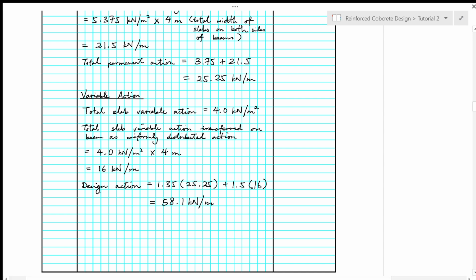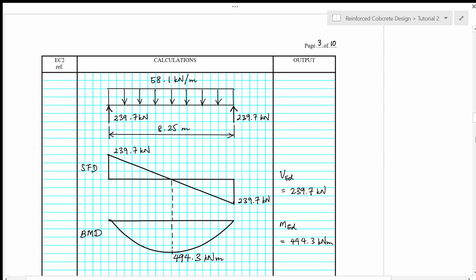So for design action, it is equal to the partial safety factor multiplied by the permanent action plus the partial safety factor for variable action multiplied by the variable action of 16 kilonewton per meter length. So we get 58.1 kilonewton per meter length on the beam.